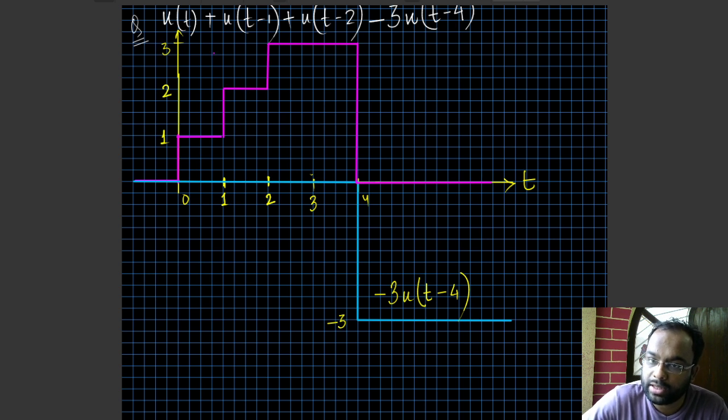This pink plot here is representative of u(t) plus u(t-1) plus u(t-2) minus 3u(t-4). Let me know if you understood this.